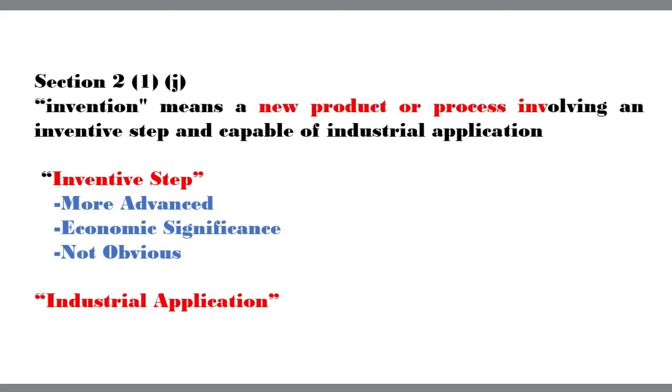And in addition, it should not be obvious to a person skilled in the field of the invention. Now, the other term, industrial application, simply means that your invention should be capable of being industrially manufactured.